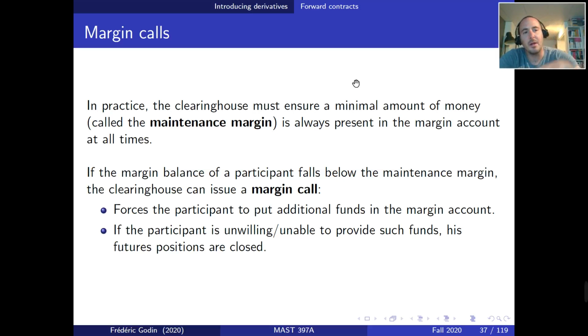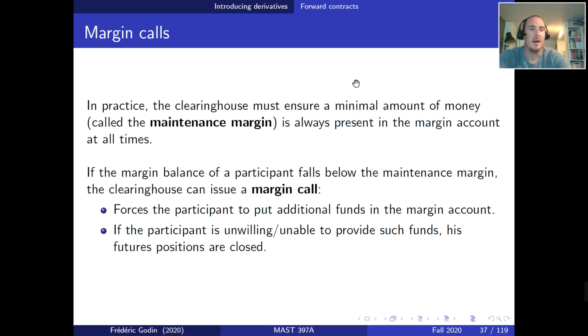Okay, so if the margin balance of a participant falls below the maintenance margin, because let's say the futures price varies through time, so one party has to do payments to another counterparty, and because of that, the value of its margin account falls below the minimum level, then the clearinghouse will issue what we call a margin call. So a margin call is a call for further funds to be deposited in the margin account of some party transacting in futures contracts.